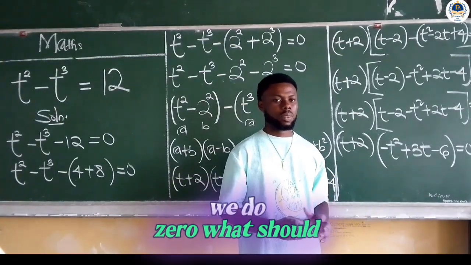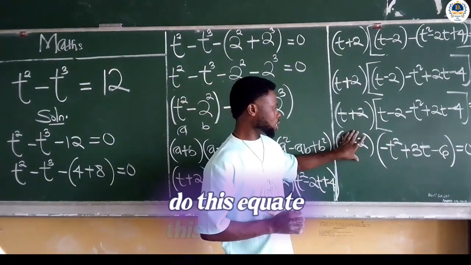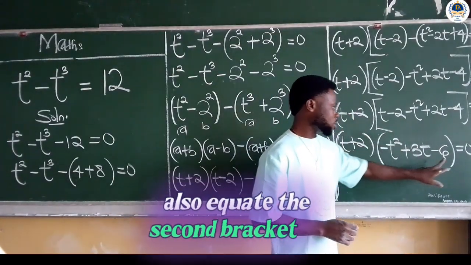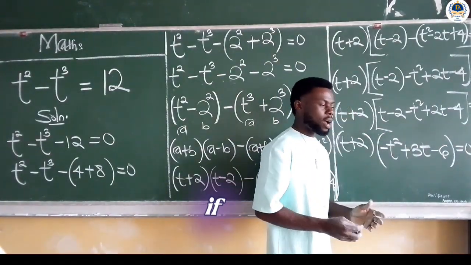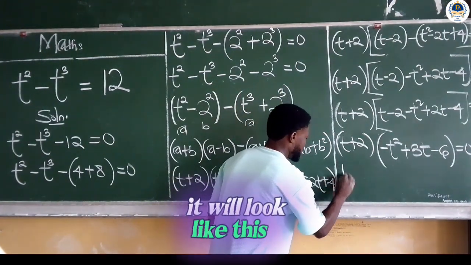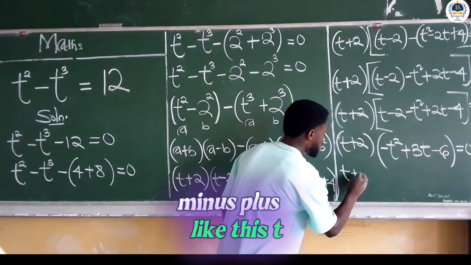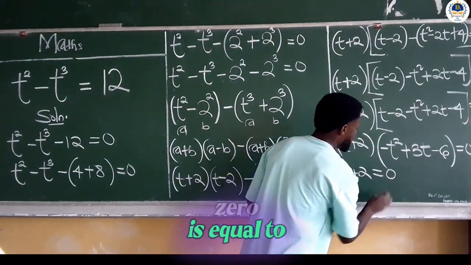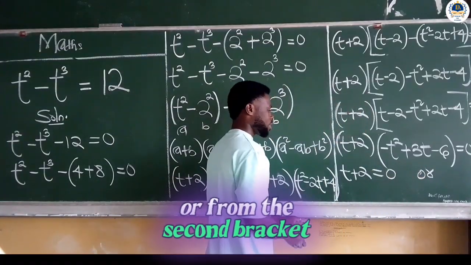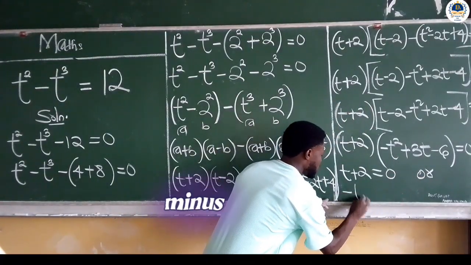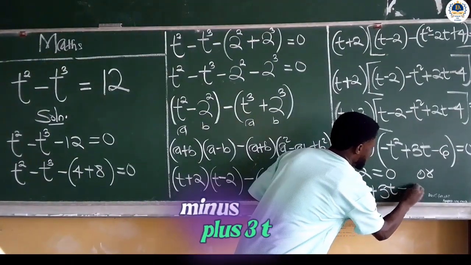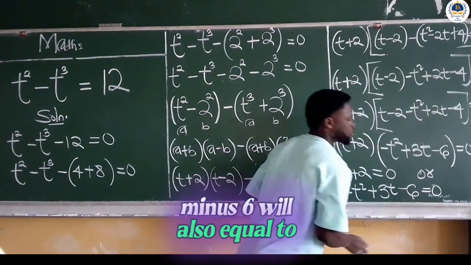What should we do? Do this. Equate this bracket to 0. Also equate the second bracket to 0. If I am equating this one to 0, it will look like this: t plus 2 is equal to 0. Or from the second bracket, minus t squared plus 3t minus 6 will also equal 0.